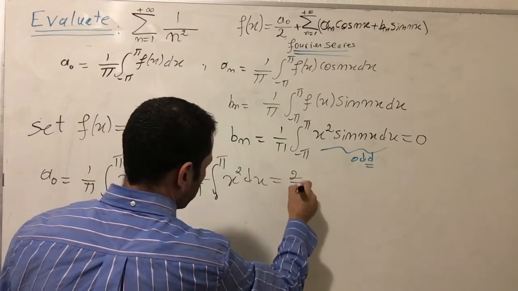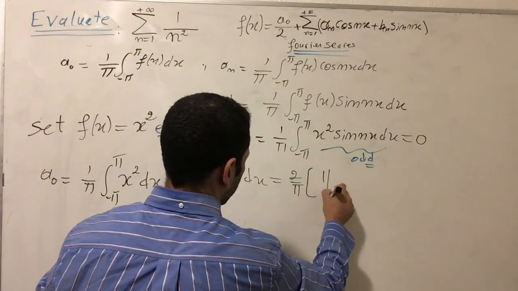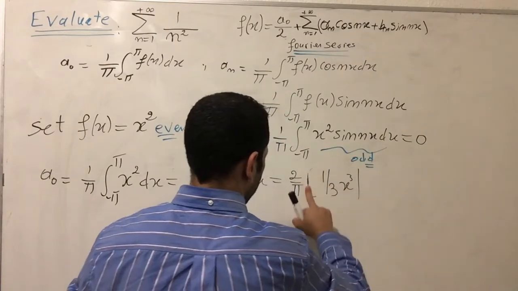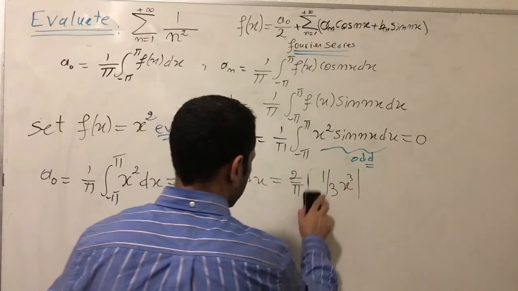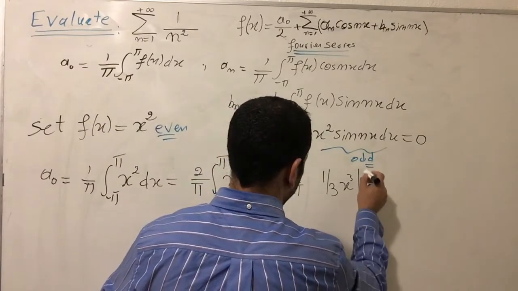This is equal to 2 over pi. I'm going to look for the primitive of this one, which is 1 over 3 multiplied by x cubed, with bounds from 0 to pi.